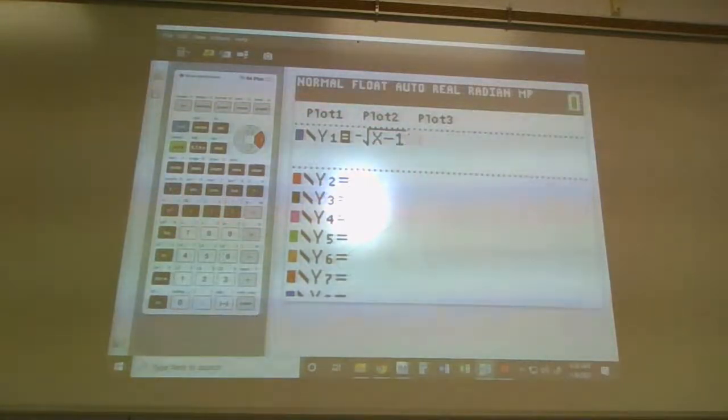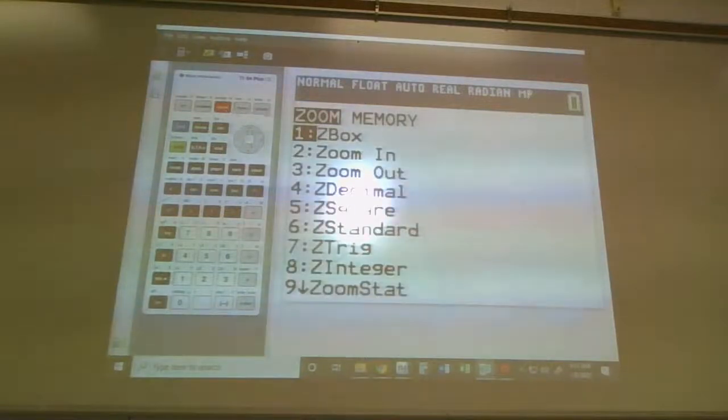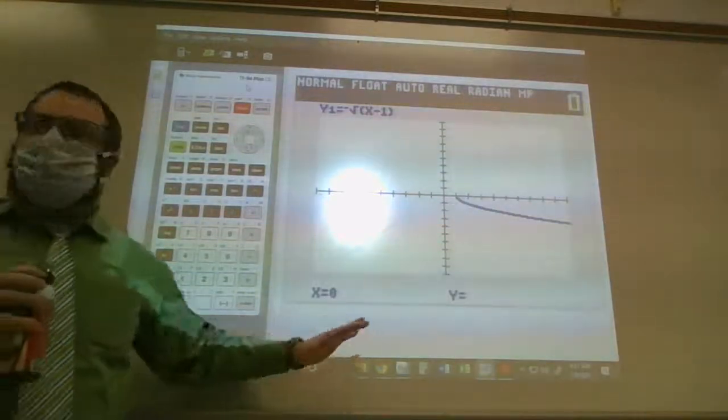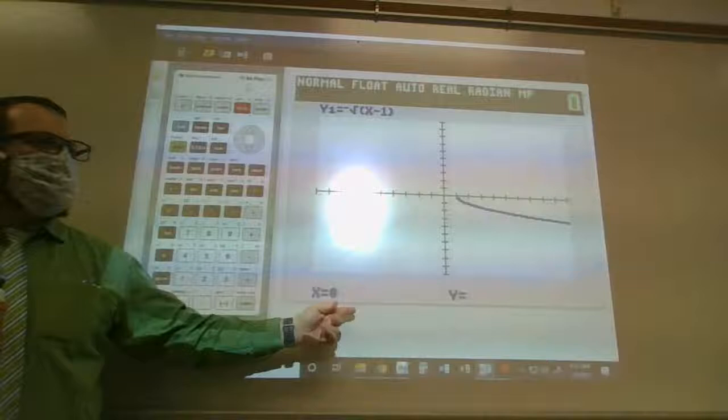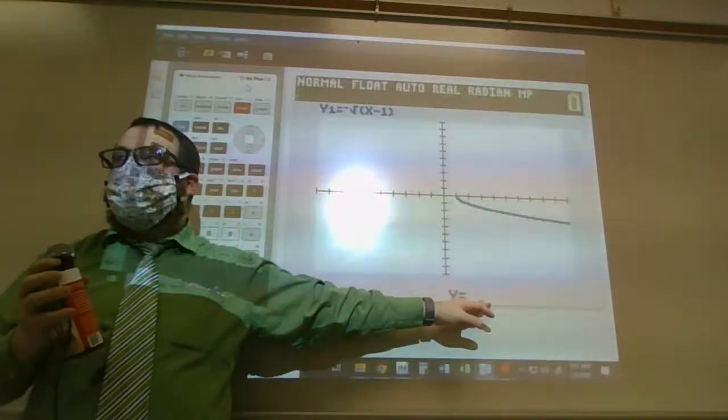Now, yes, you can hit graph, and we can take a look at what is going on, and you get this thing right here. If you hit trace, I believe you should be getting the same numbers that I'm getting right here. When you hit trace, do you get x equals 0 and then y equals blank? Maybe?